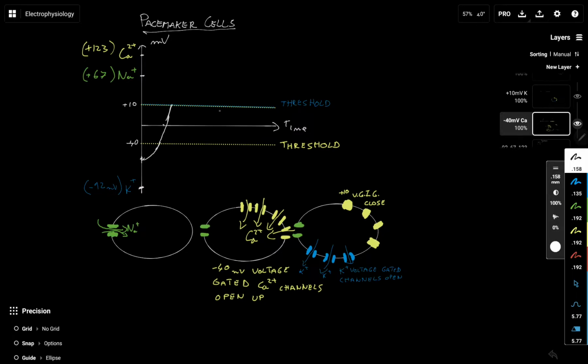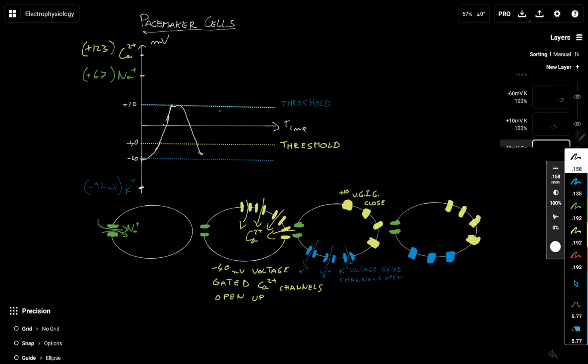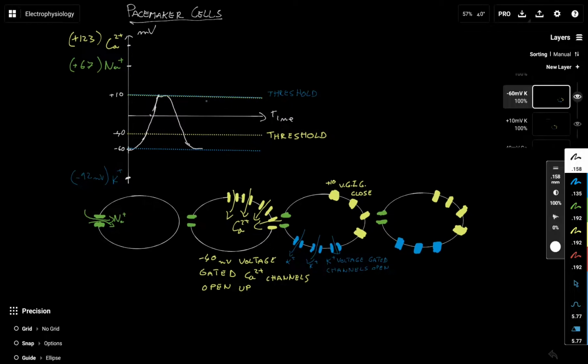What's going to happen here? Because there's no longer this influx of calcium, once I reach my plus 10 millivolts, my voltage is going to start going down again, like that, until it reaches what? Where I started, minus 60 millivolts. That's where I started, wasn't it? And what happens at minus 60?